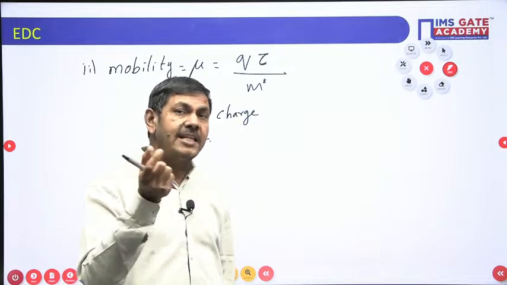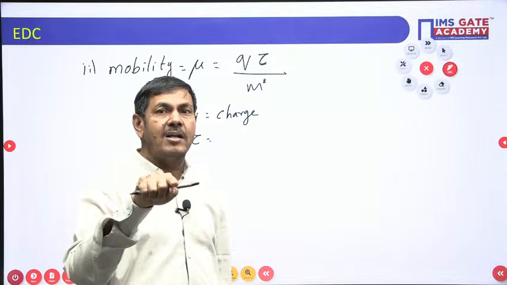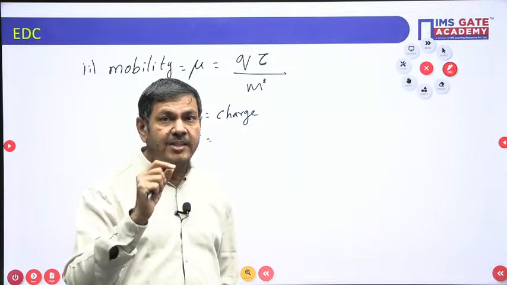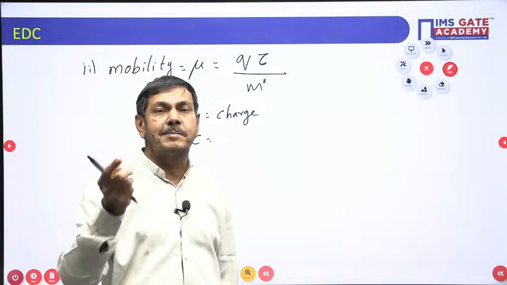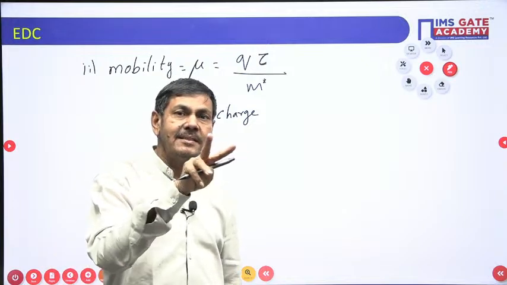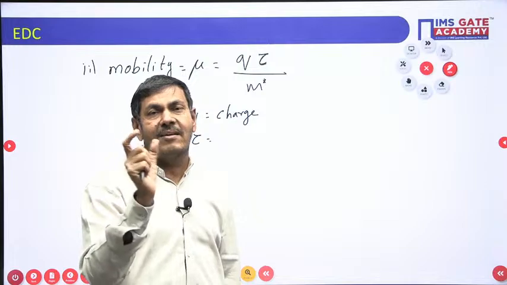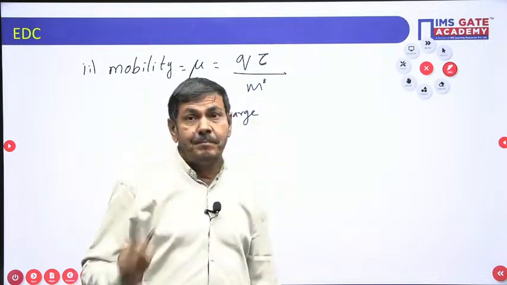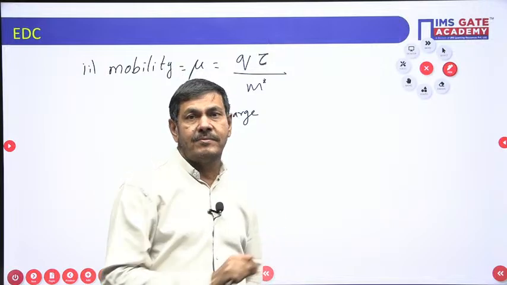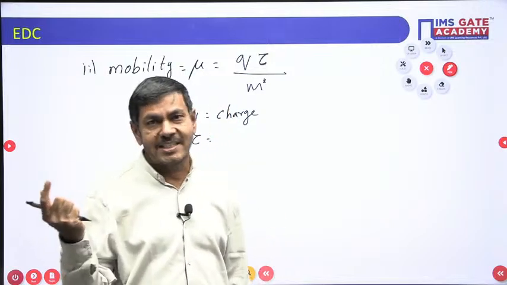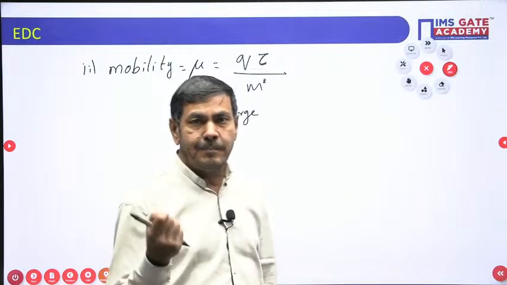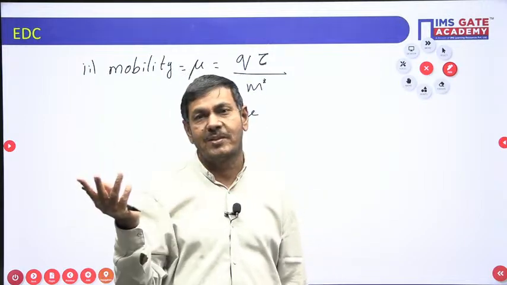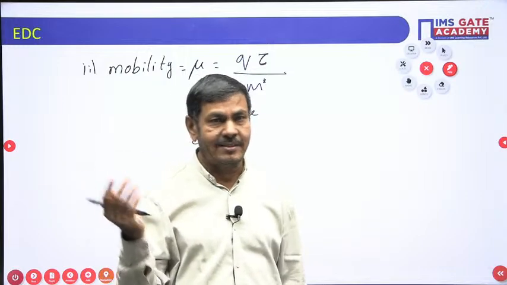Before the collision of electrons, what time period is that electron going to move freely in the material? That means between the two collisions, how long the electron is going to move freely is said to be the mean lifetime of electron or hole only, you can say. Tau is said to be the time period electron freely moves between two collisions only. Understand now?